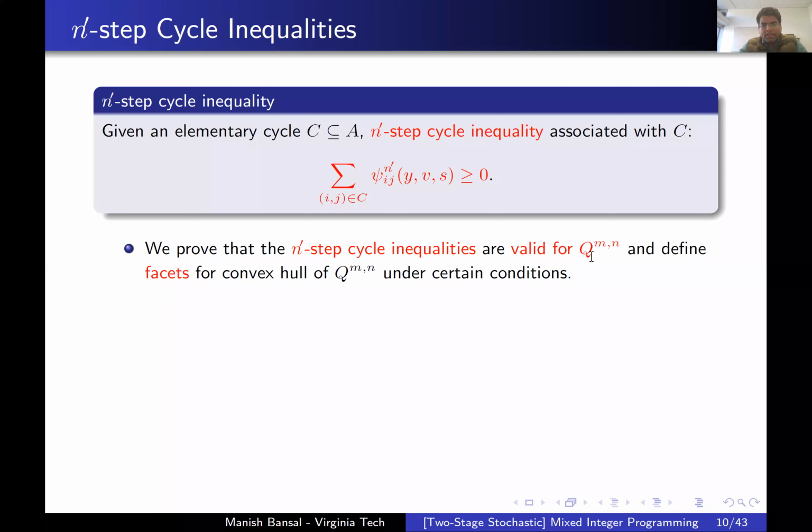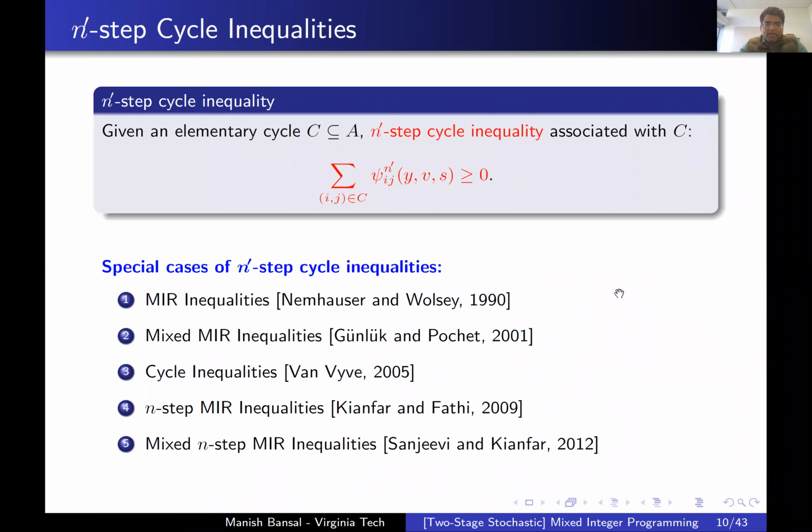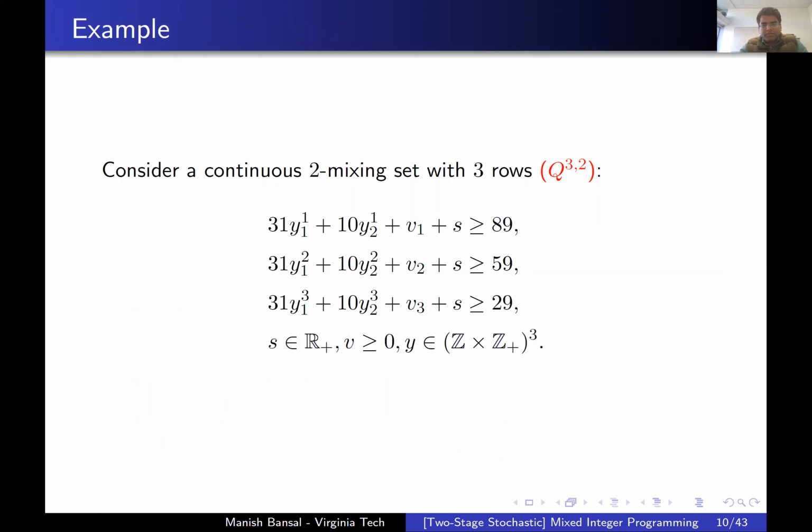Again, we won't get into the details, but I call this a consolidated cut generating procedure because the cuts generated from this procedure subsume the mixed integer rounding cut that we discussed, mixed MIR, cycle, n-step MIR, and mixed n-step MIR inequalities that have been derived in the literature.